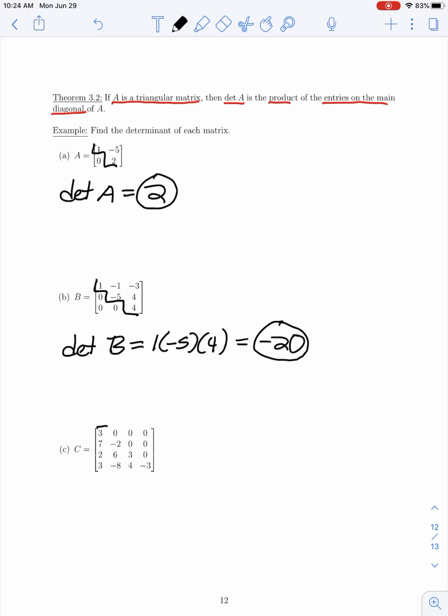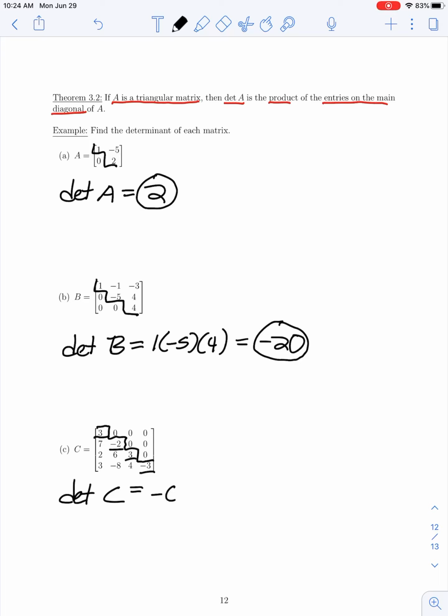And in part C, we have a 4 by 4 matrix, which is in lower triangular form, since it has zeros everywhere above that main diagonal. So using theorem 3.2, the determinant is the product of these 4 diagonal entries.